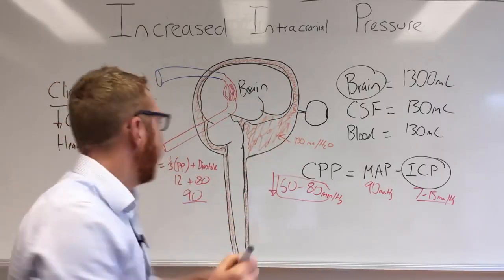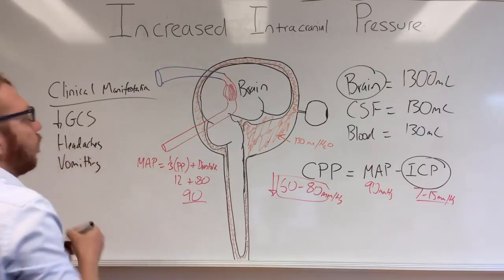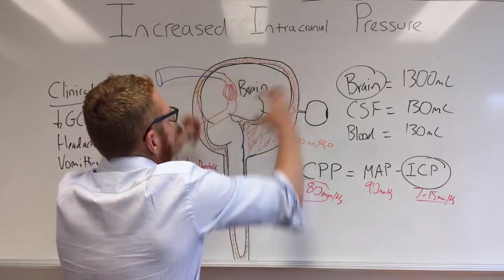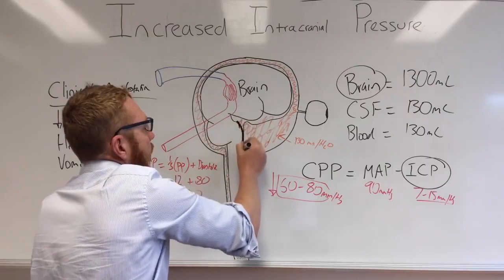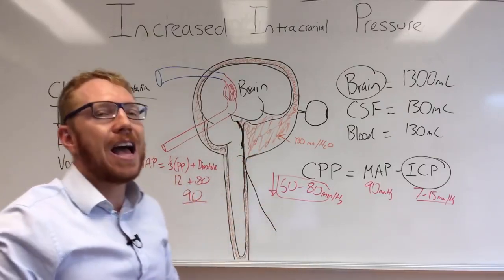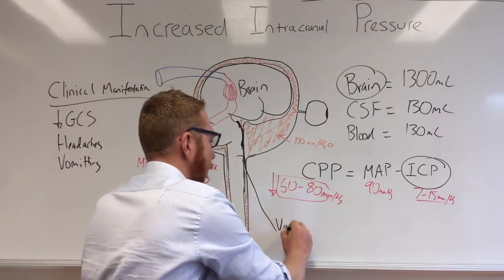The next one is vomiting. Now the reason why this comes about, well, as the pressure increases, particularly coming off, so here's your pons, here's your medulla, you've got a nerve coming off that goes down to your heart, your lungs, your GIT. This is your vagus nerve.